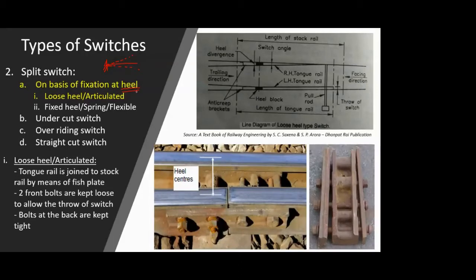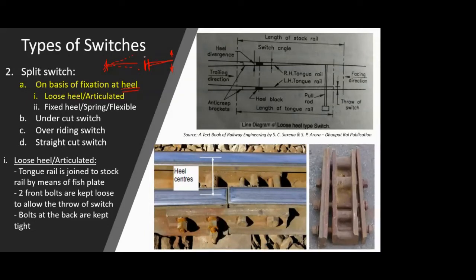Similarly, your heel acts so that at the heel location the tongue rail is fixed. If I simply draw a triangle, because it's a tapered rail, that's why I'm drawing it in a triangular shape, this H at the heel portion is nothing but the heel location. At the heel location it will be fixed, and the free end of the tongue rail will be free to move either to the left or right depending on the requirement.